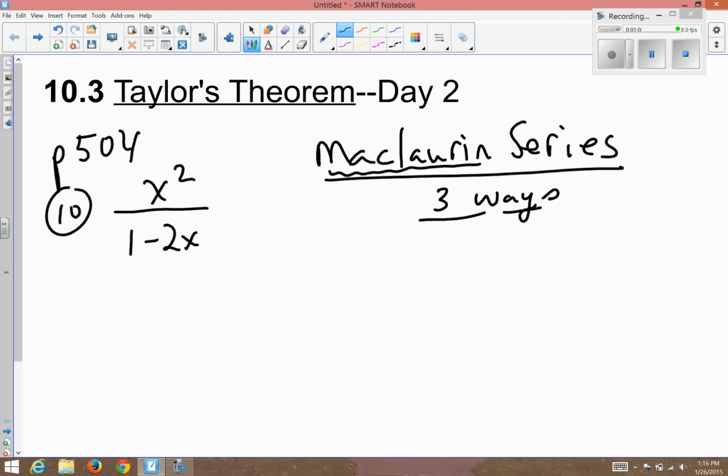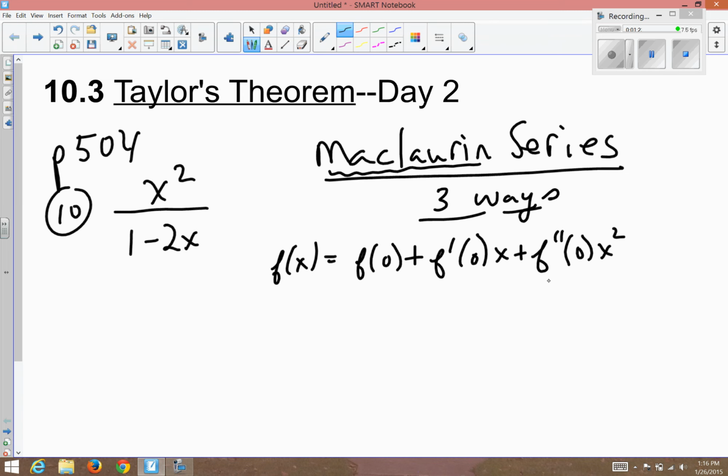And then plug the results into the general form for any function: f of 0 plus f prime of 0 times x to the first over 1 factorial plus f double prime of 0 times x to the second over 2 factorial, and so on. Same thing with 3s and 4s.